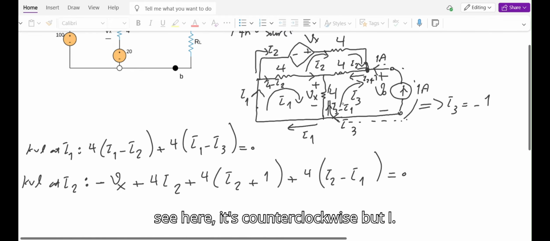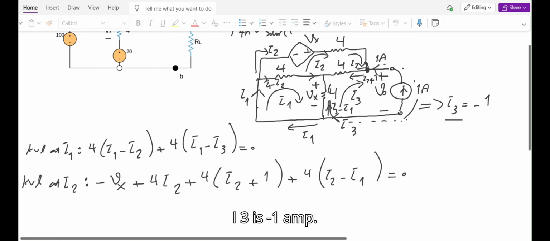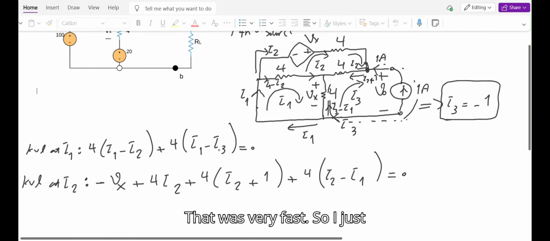As you can see here, it's counterclockwise, but I1 is going clockwise. So I3 is -1 amp. That was very fast. So I just reduced one of these unknowns. So I can just substitute I3 with -1.